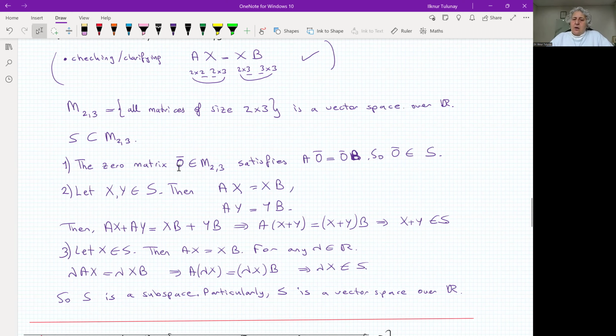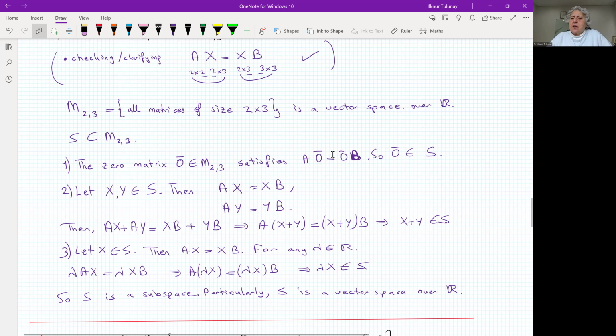So the 0 is inside, because think about the 0 matrix. It consists of all entries being zeros, of the size 2 times 3. A is a fixed matrix, B is a fixed matrix, but if you multiply it with 0, it's always 0. So both sides will be the 0 matrix in a different size. This will be 2 times 3, this will be 2 times 3, but it doesn't matter.